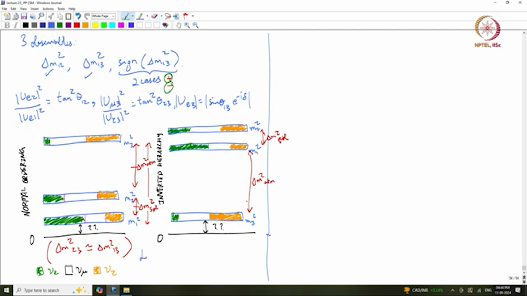The lightest neutrino mass, right, or I do not need to write eigenstate anymore actually. The lightest neutrino mass, right, is consistent with 0.